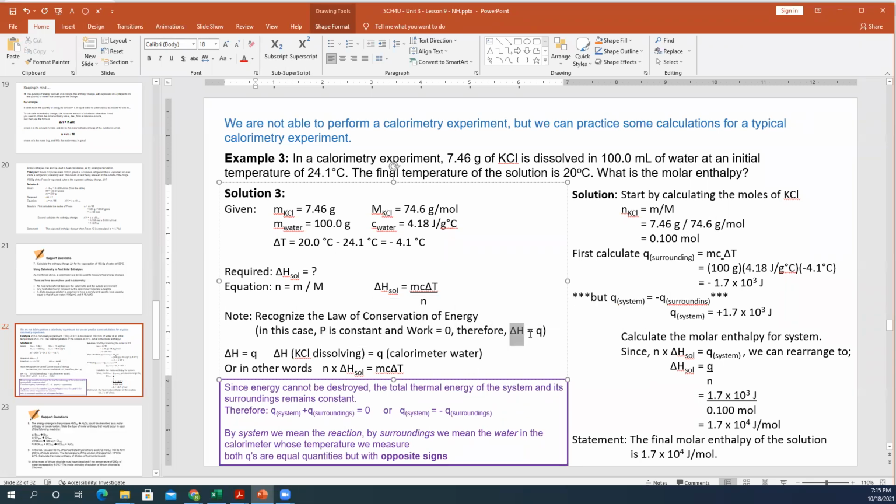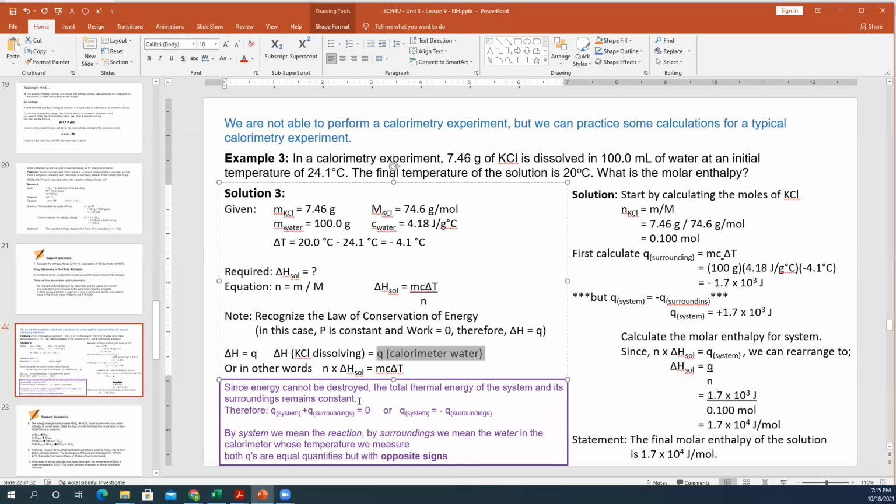Therefore, our delta H is equal to Q. That delta H of potassium chloride dissolving would give us the Q of the calorimeter water, and that's how we can make this relationship. In other words, n times delta H sol is equal to m c delta T.